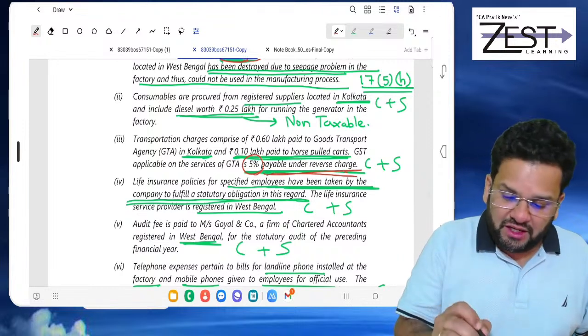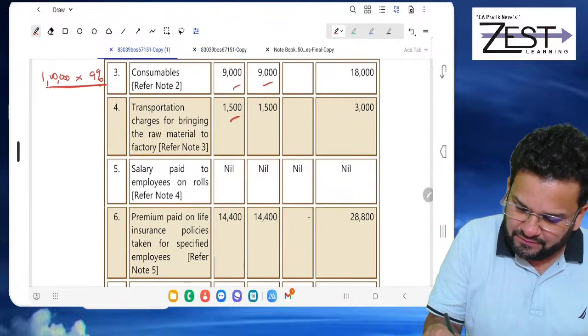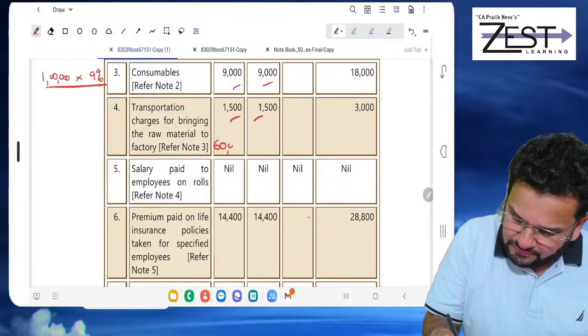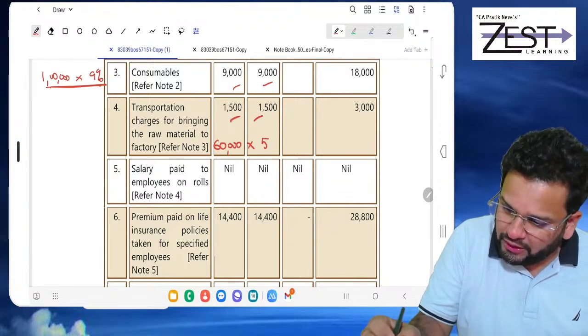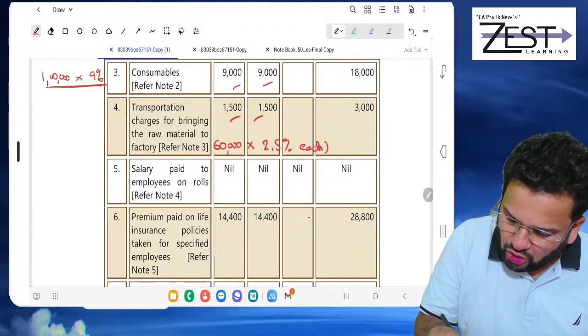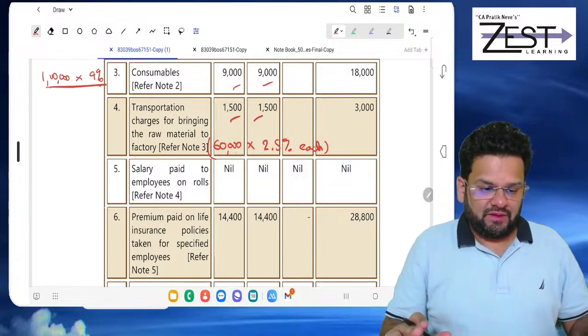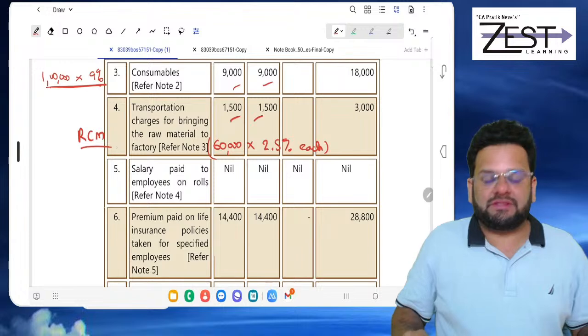It should be 1500 each of CGST and SGST. What you did, 60,000 into 2.5% each. So of this you will get ITC, and of course this is the one which is payable on RCM basis.